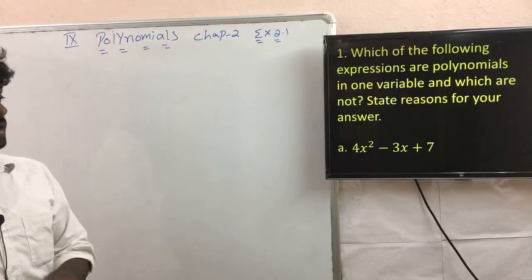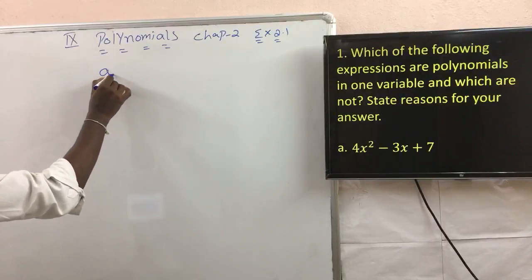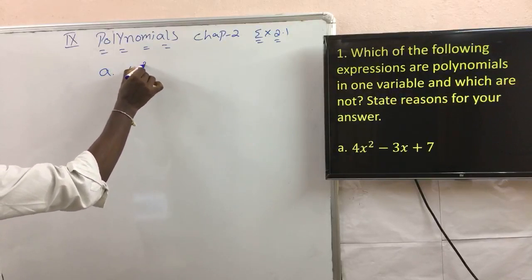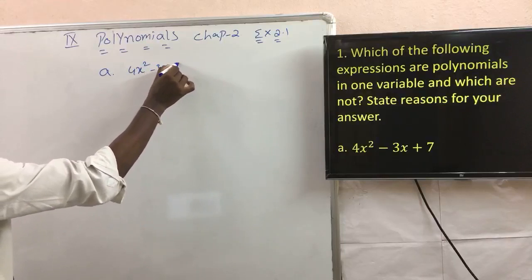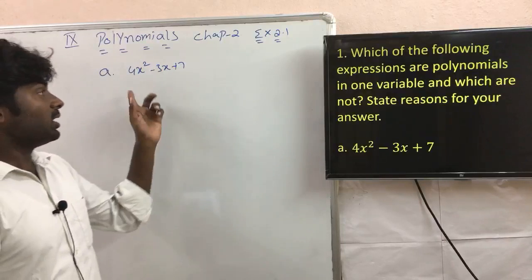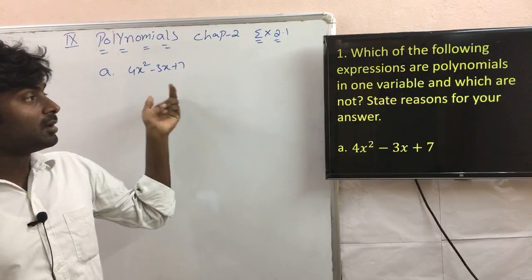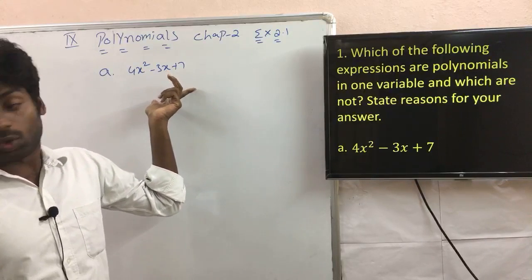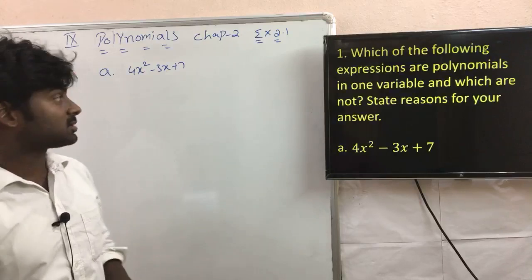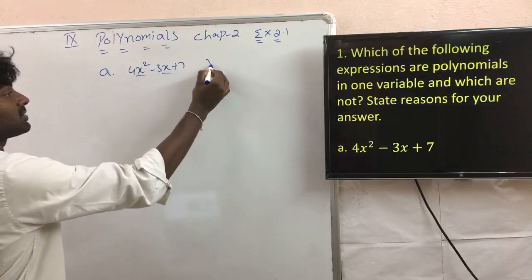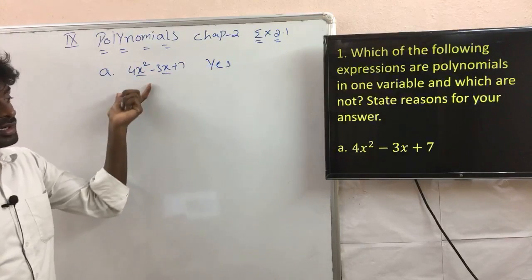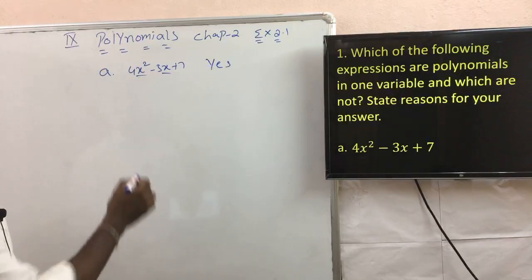See, first one, 4x square minus 3x plus 7. Is it a polynomial in one variable or not? Yes. We have only one variable, that is x.